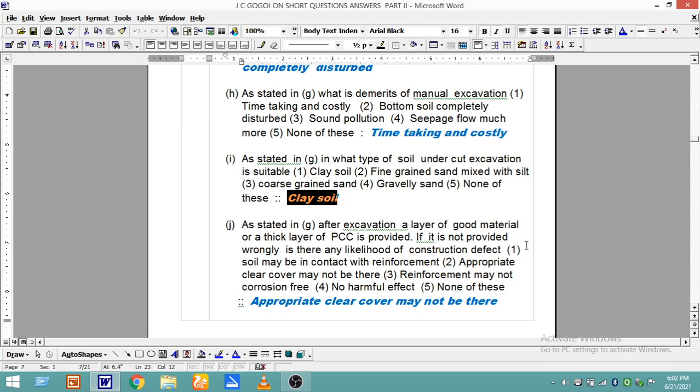If we do not provide that PCC, our basic problem will be that appropriate clear cover of reinforcement may not be there. So we should provide that PCC.